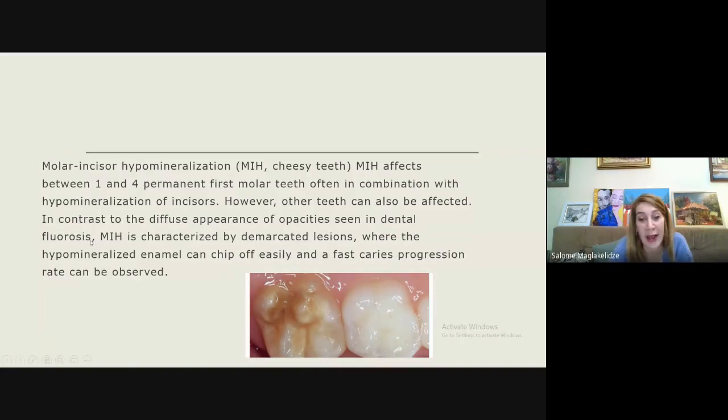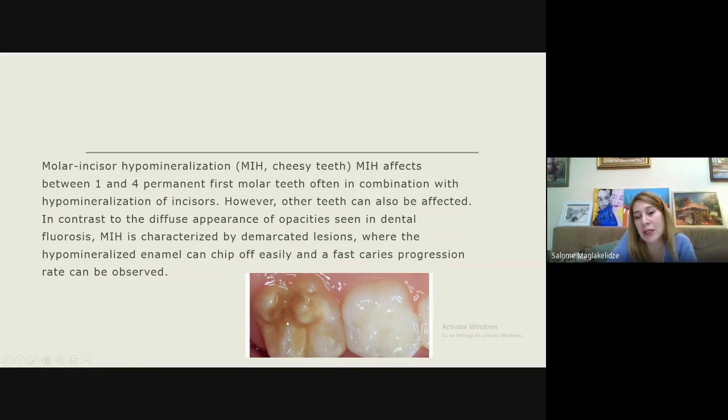So if you see such kind of teeth, and I have a few of them in my practice, you should know that they are not normal in the way that you couldn't bond very easily to this kind of enamel, because it's very hypomineralized. And when you are doing the etching procedure, and when you want to make good adhesion to this structure, it's absolutely not like in the case of normal enamel.